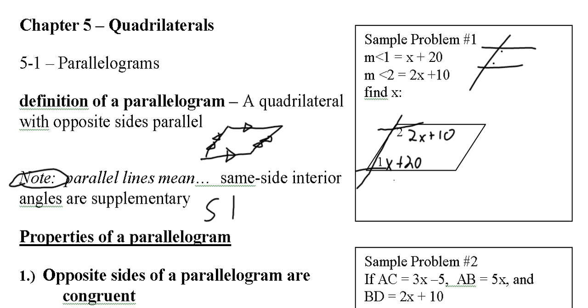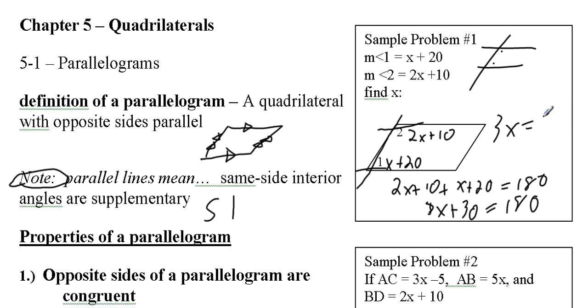So we're going to say 2x plus 10 plus x plus 20 equals 180 degrees. So we have 3x plus 30 equals 180. So 3x equals 150, and x is 50.